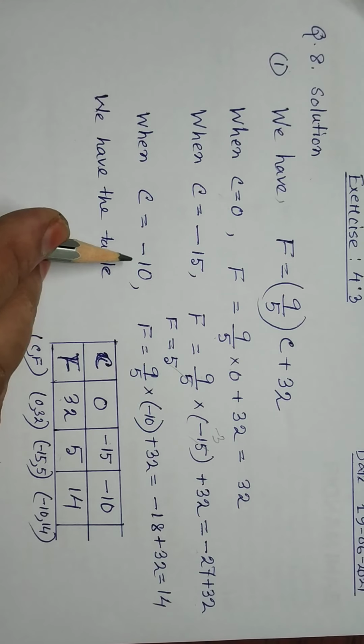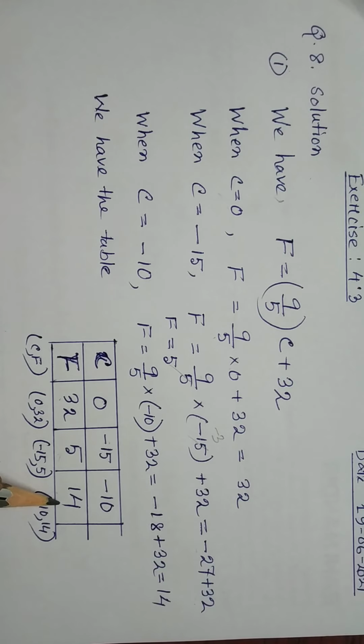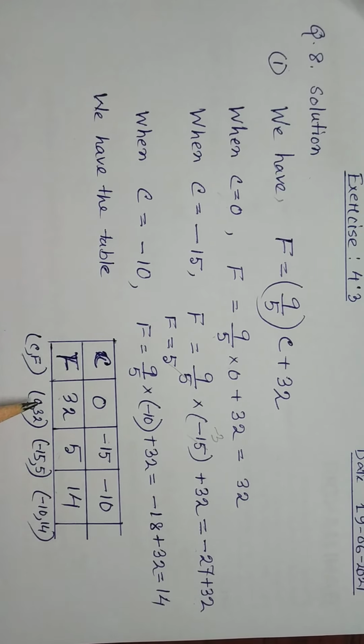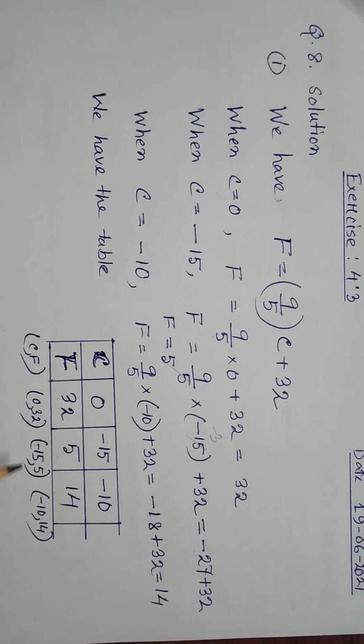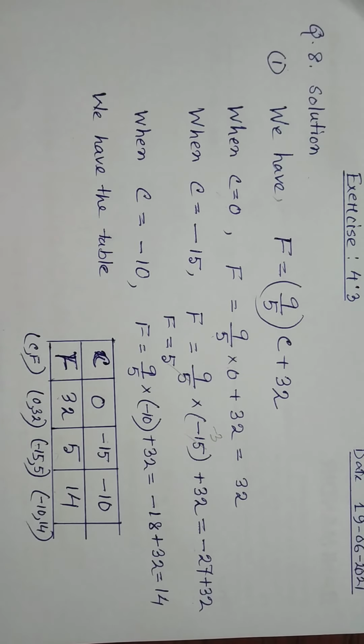When Celsius is minus 10, Fahrenheit is equal to 14. Therefore, the coordinates are 0, 32; minus 15, 5; and minus 10, 14. First, we have to plot these on the graph paper. After that, we solve the other questions.